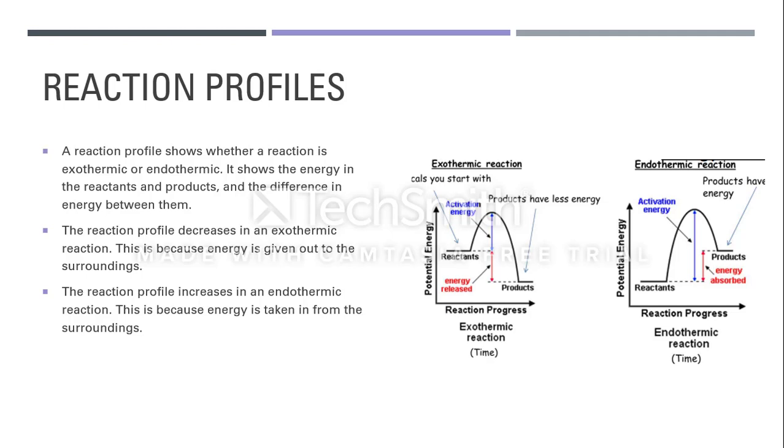The reaction profile decreases because energy is given out to the surroundings, which makes the surroundings warmer. So the amount of activation energy and energy release are equal, and it's a downward diagram, as we can see on the first image. So as the reaction progresses, it goes down.